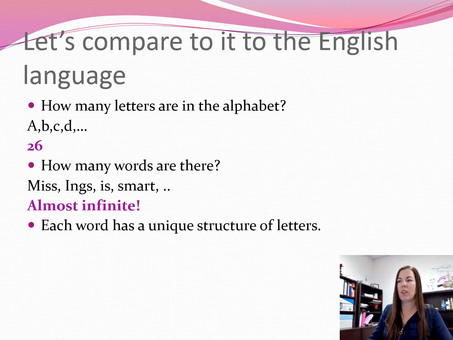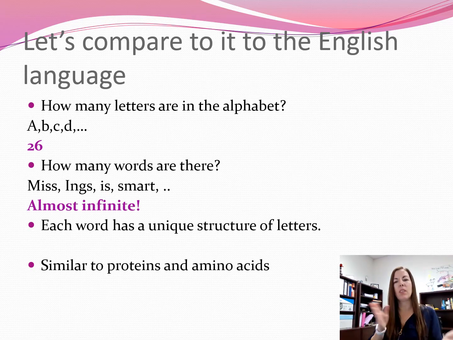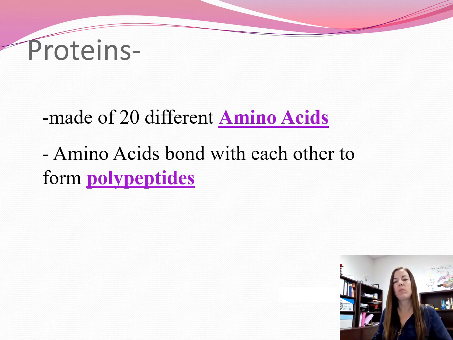So every word has a unique structure of letters using those 26 letters, and that's exactly like proteins and amino acids. You have 20 different amino acids, but combining those in different arrangements gives you so many protein options. So proteins are made up of those 20 different amino acids bonded together to form polypeptides.